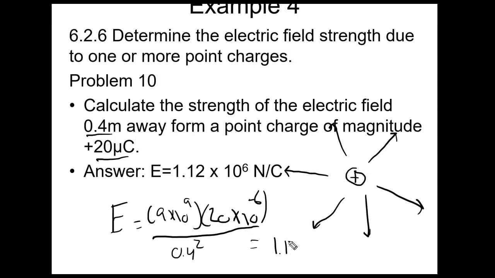It's actually 1.13, it looks like, times 10 to the 6 newtons per coulomb. And which is actually a pretty big electric field value. Actually, it's in the millions of newtons per coulomb.